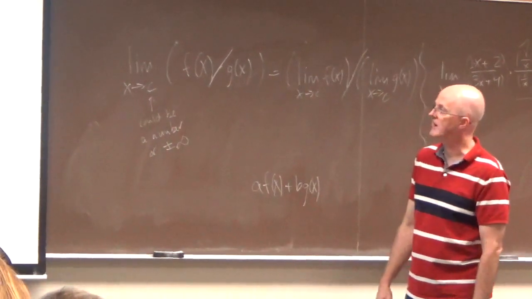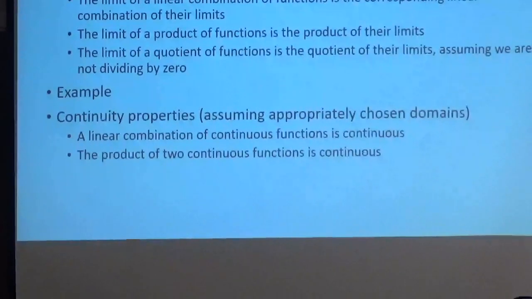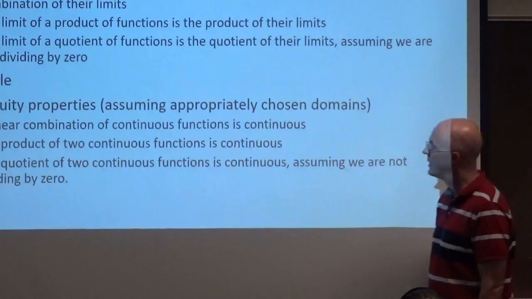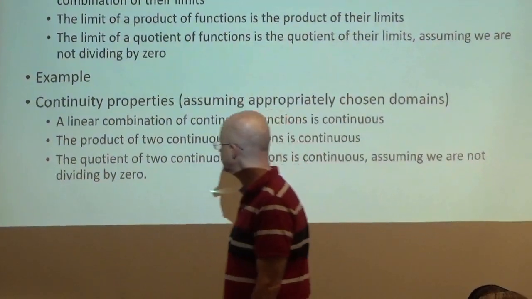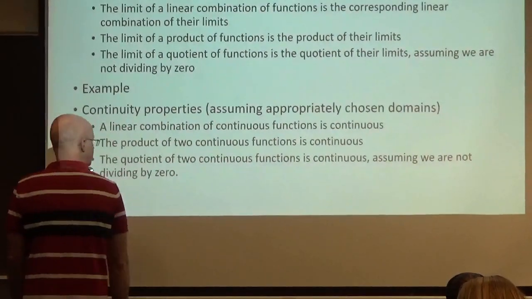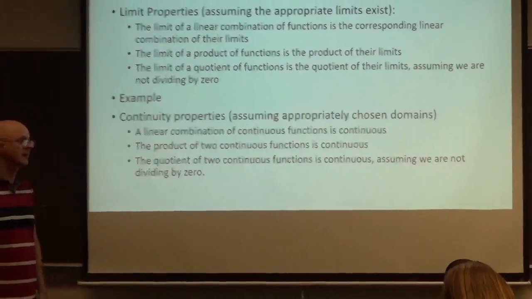Same with the product. The product of continuous functions is continuous. If f and g are continuous, then f times g is continuous. With quotients, if f and g are continuous, then f of x divided by g of x is also continuous, at least wherever we're not dividing by 0.